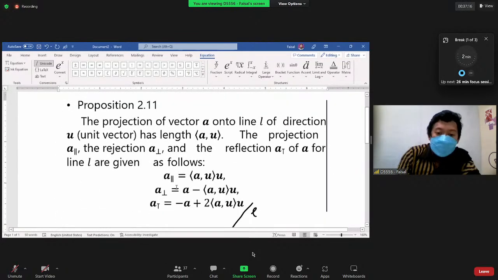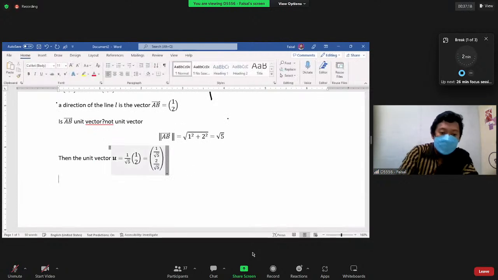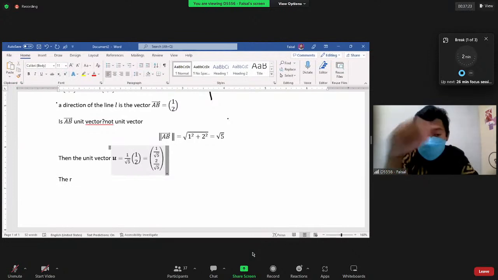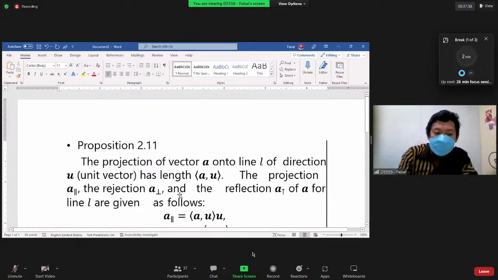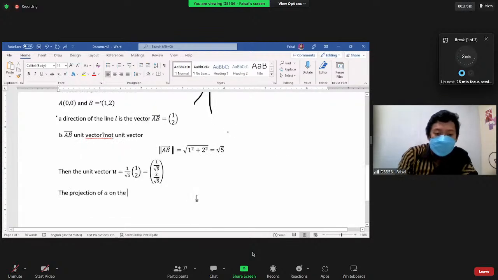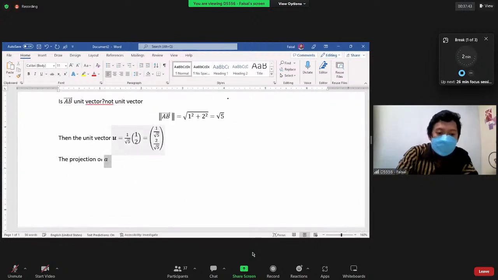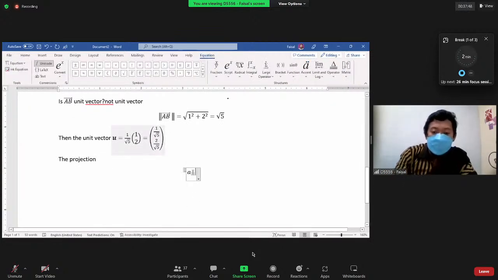Then the projection of A on the line L. This is the projection, and we use the parallel symbol as the subscript.